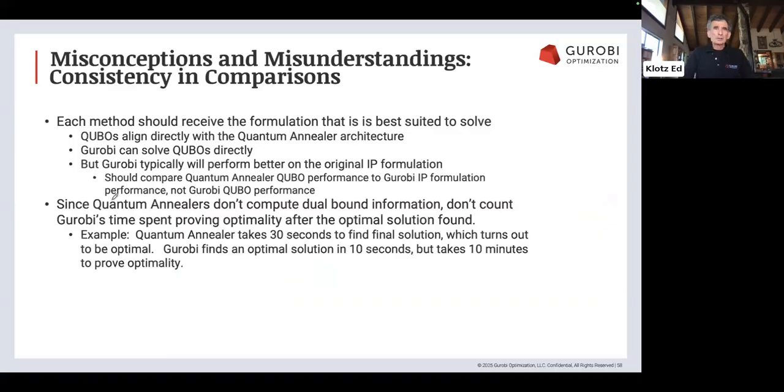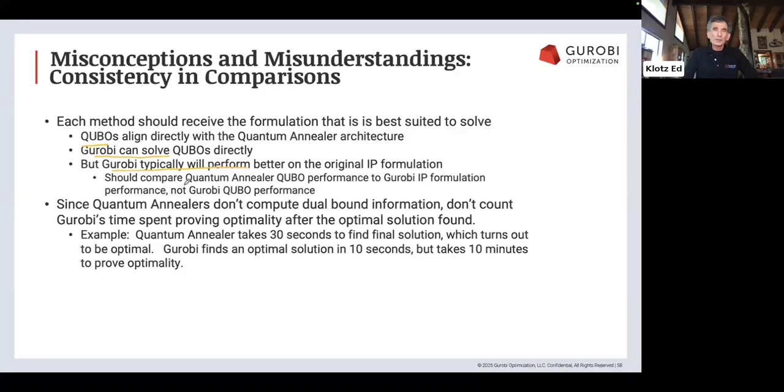Our next misconception is consistency in comparisons. The quantum annealer is really good at handling these QUBOs, since the QUBO is aligned directly with the architecture. Gurobi can solve QUBOs directly as well, but Gurobi will typically perform better on the original IP formulation before the QUBO transformation.